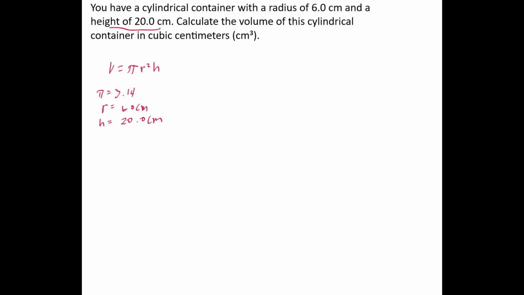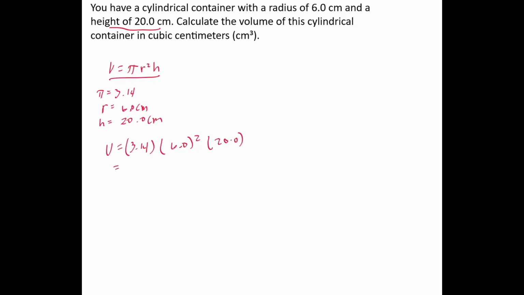So for the volume, we just simply plug in the values in this formula. So we have 3.14 multiplied by the square of the radius, which is 6.0, and then multiplied by the height, which is 20.